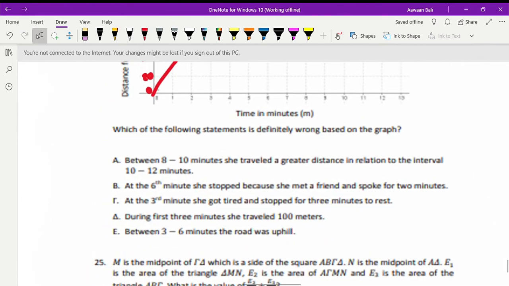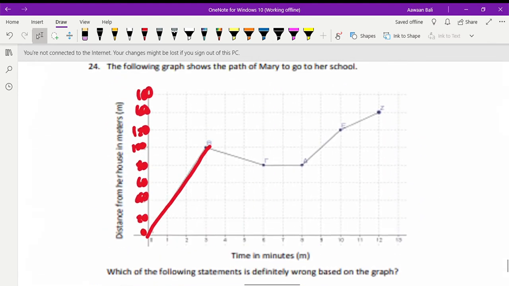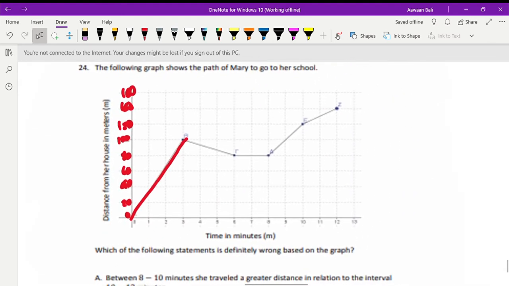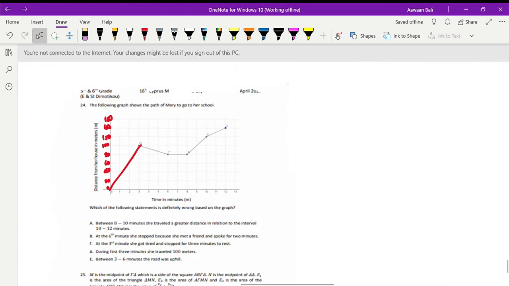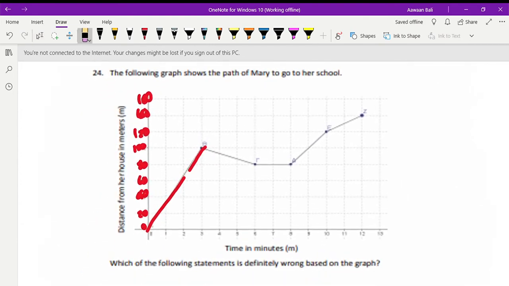Between 3 to 6 minutes, the road was uphill for Eta. Now, when we look at Eta, between 3 to 6 minutes, the road was uphill. Now, the line is only going down, to show that she's going slower. But why? Normally when you climb uphill, or like when a car drives uphill, you go slower, right?